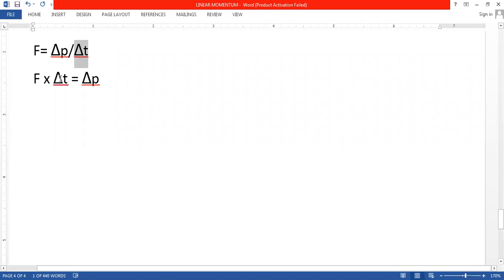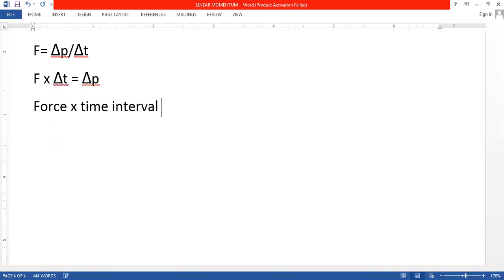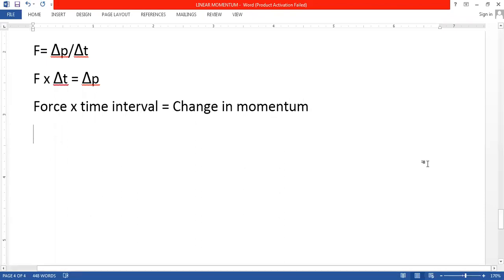So F into delta T is equal to delta P. What does it mean? Force into time interval is equal to change in momentum.